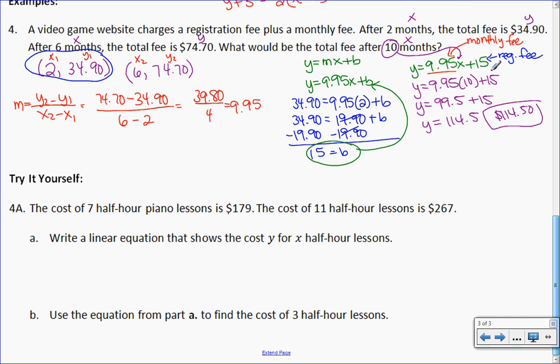So you'll have something similar to that. And then use the equation from part A to find the cost of 3 half-hour lessons. Just like here, we used this equation to find the total fee after 10 months by substituting 10. So go ahead and pause the video, work through the try it yourself problem, and when you're ready to check your work, press play.